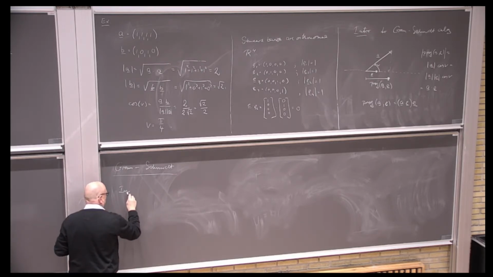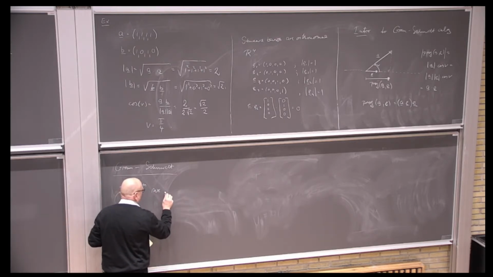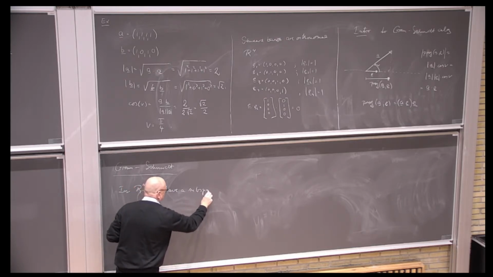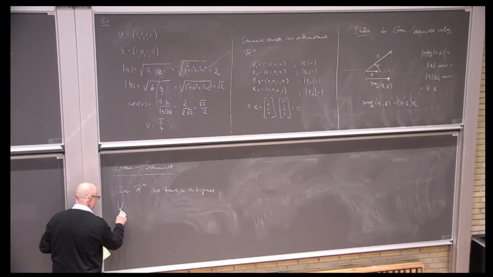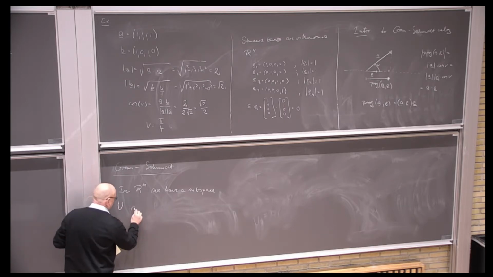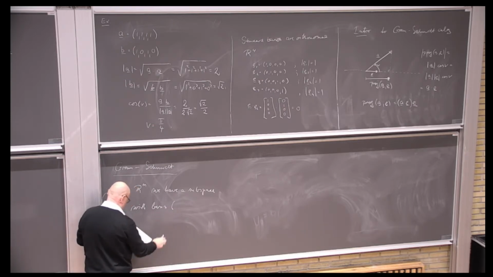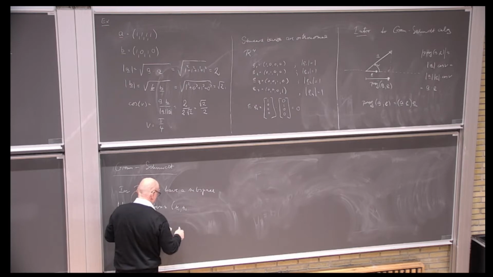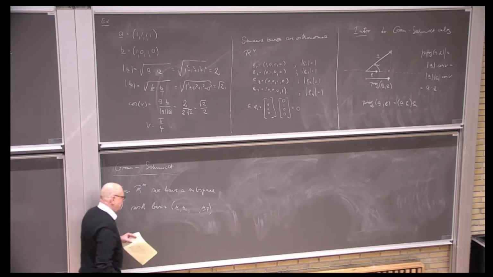So we are in Rn, and here we have a subspace. We call it U, a capital U, and it has the basis U1, U2, and UP.